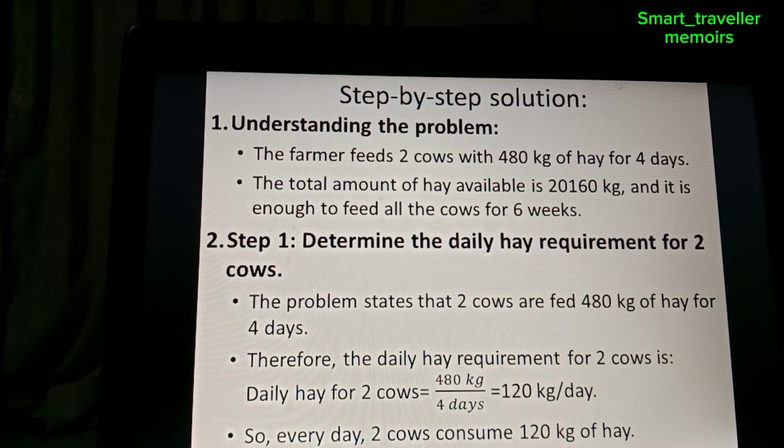Therefore, the daily hay requirement for 2 cows equals 480 kg divided by 4 days, and the units will be kg per day, and it gives you 120 as the figure. So every day 2 cows consume 120 kg of hay.